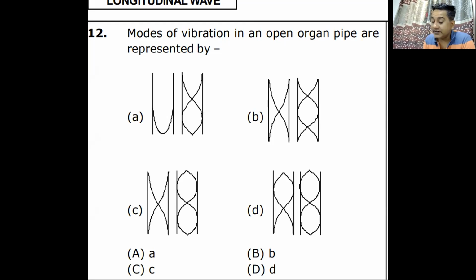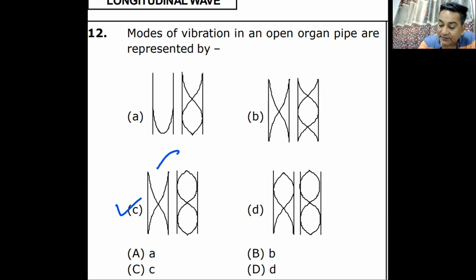Which diagram represents, remember, which diagram represents the vibration in an open organ pipe? The only answer is C. Do you understand this?